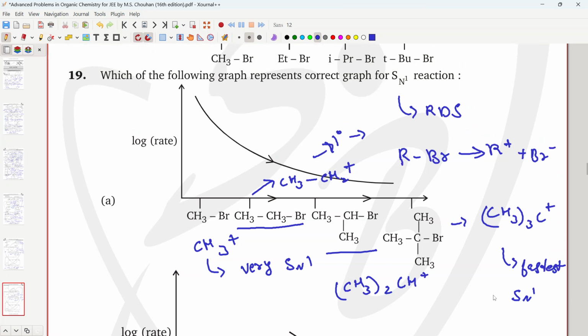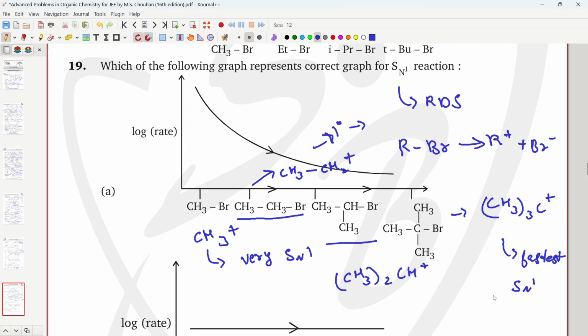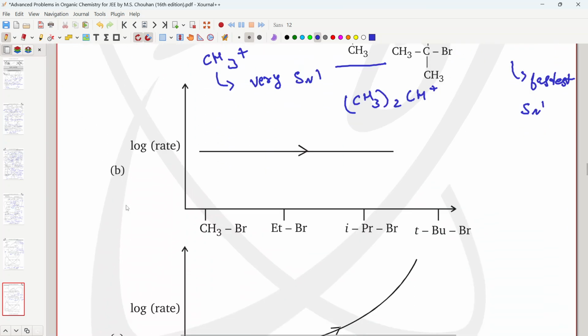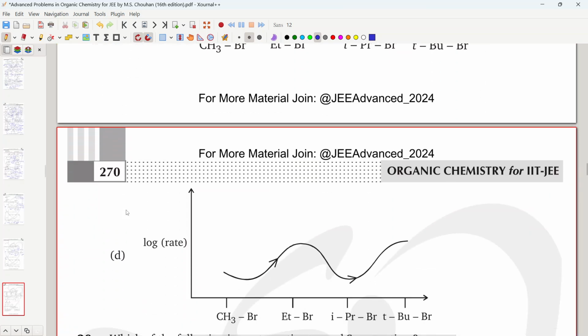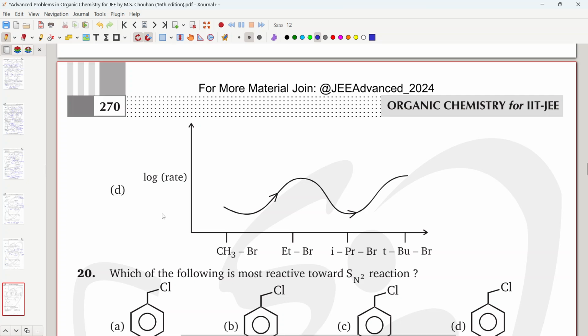So now, which one of these is increasing continuously? A is decreasing, so not A. B is constant, so not B. C is increasing, so it's C. The answer is C. D is irregular, so not D. So a pair to memorize: SN2 rate order is CH3, primary, secondary, tertiary.